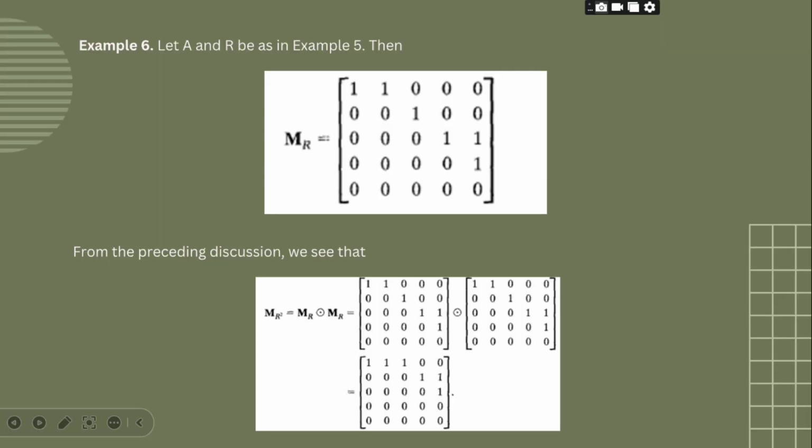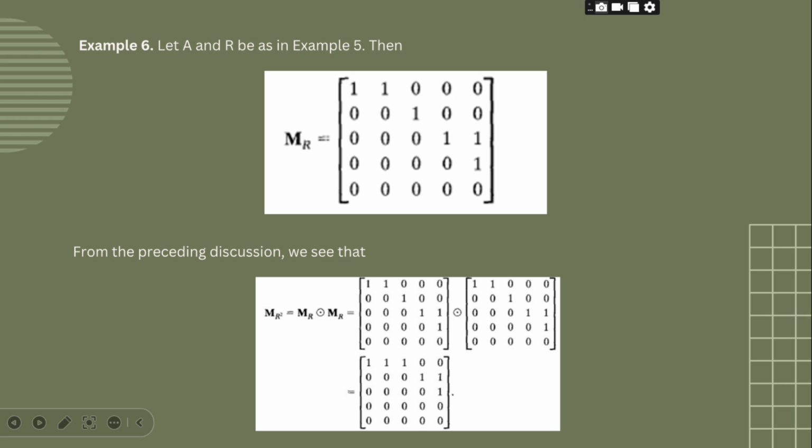In this example, we have an adjacency matrix which represents a relation on a set. We want to compute M sub R squared, or M sub R composed with M sub R, using Boolean multiplication. Let's analyze the given matrix. To compute the square matrix, we perform Boolean multiplication row by row, checking for intermediate connections.